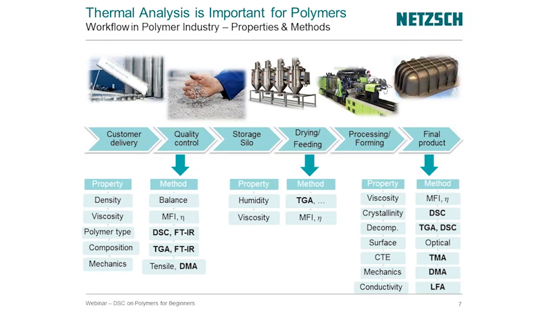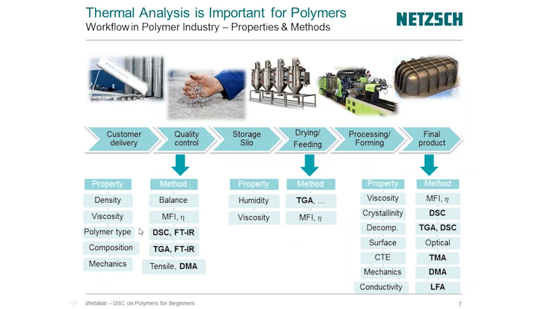And I think what's really neat here is that you can see there are lots of opportunities for DSC to play a part in every stage of the process, from delivery of the pelletized resin to the molder, all the way to storage, and then finally drying and feeding. And then we get into processing and forming, and then the final product. And you can see DSC is very important in the area of quality control.